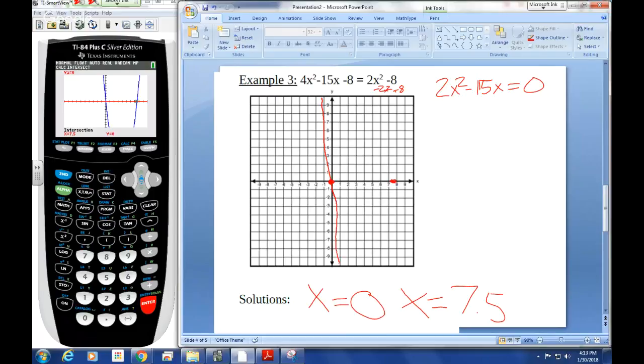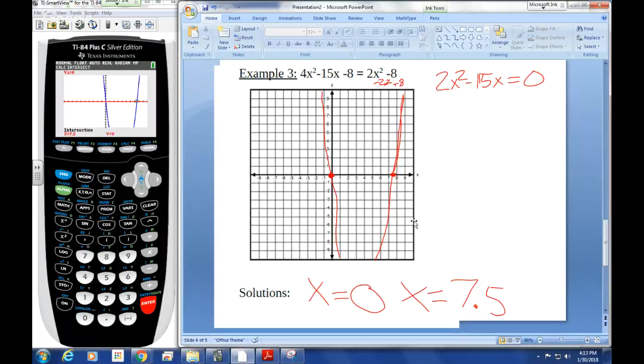That wasn't a very straight line, but your graphs, when you're drawing them, don't have to be perfect. And it's going to be right back up here. That's kind of how you would draw that graph. So then we have the solutions x equals 0 and x equals 7.5 for this equation, example 3. And we just have one more example.